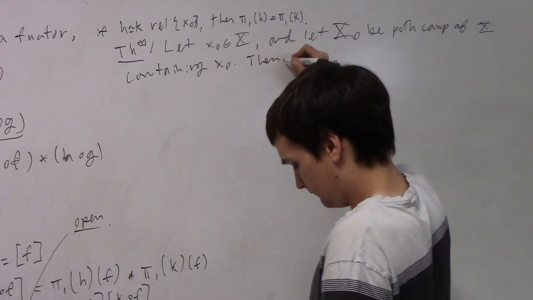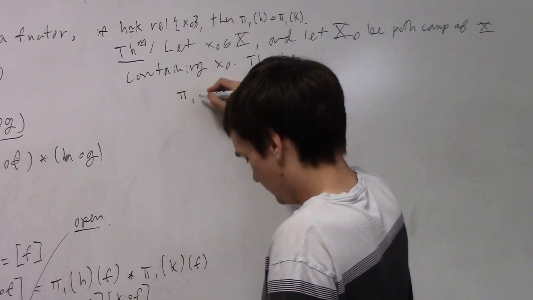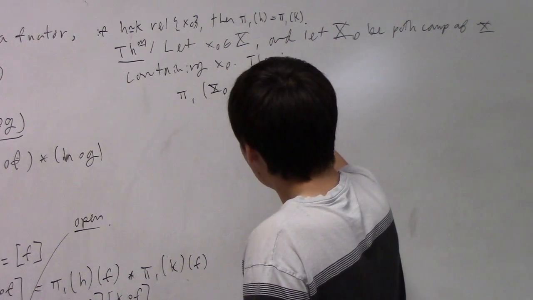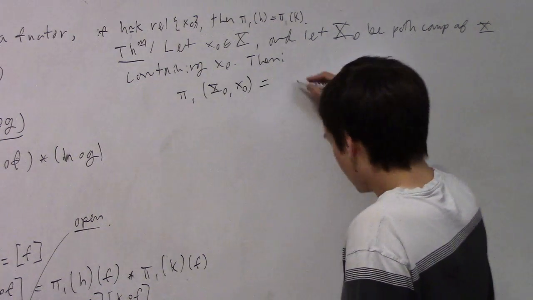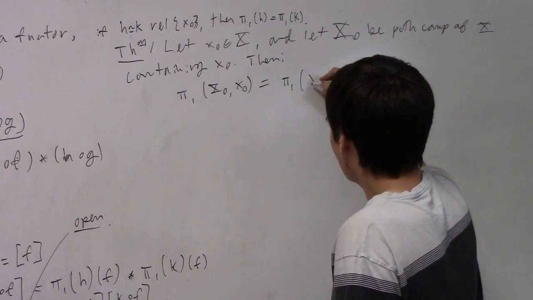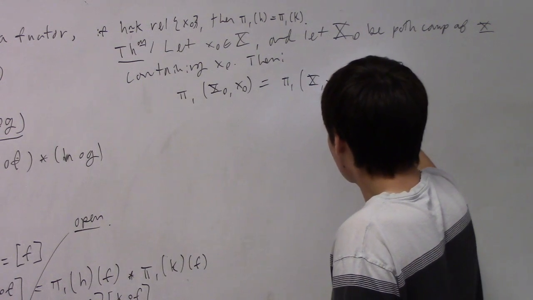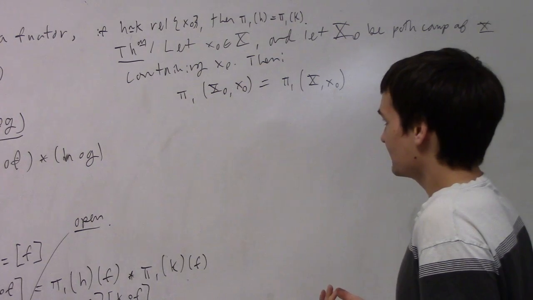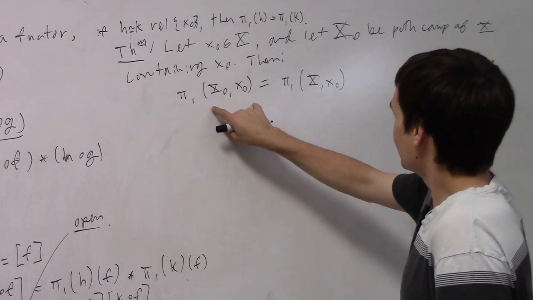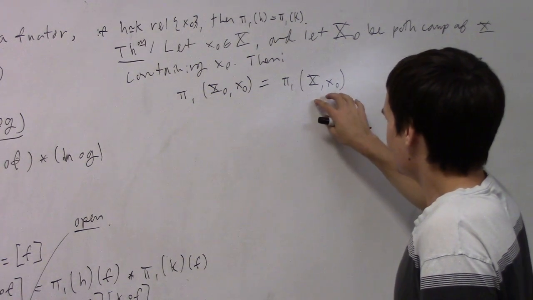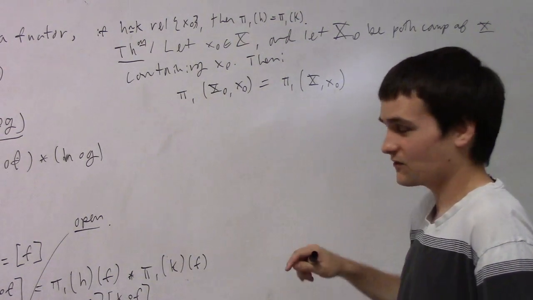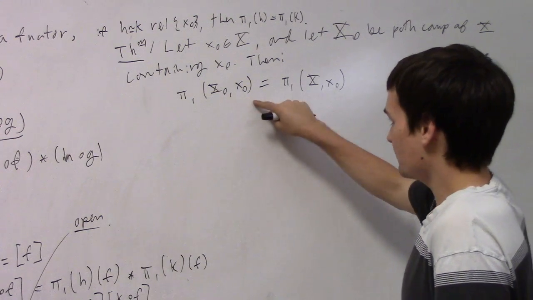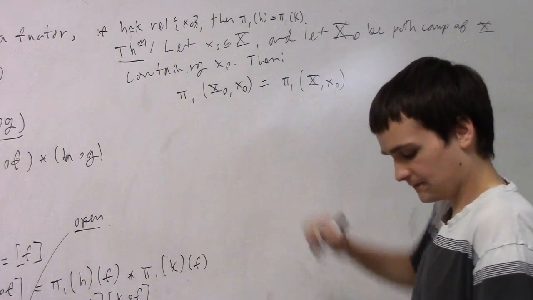Theorem 3.5: then pi 1 of big X naught comma x naught is equal to pi 1 of big X comma x naught. So essentially, without loss of generality, you can think of the fundamental group in terms of what path component you're in. You don't have to consider the whole space.